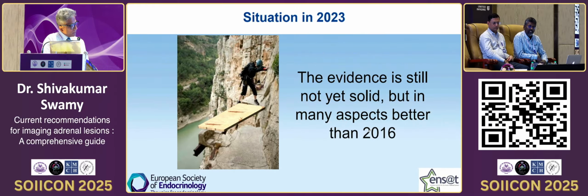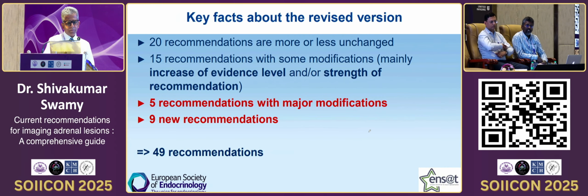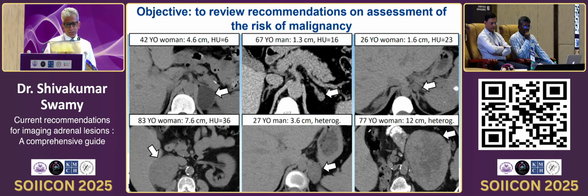In 2023 it's better because they have assessed so many scans. There are some key changes and new major recommendations, not on the radiology side particularly, but in general: how to go about it if it is secretory or non-secretory, whether we can stick to those HU values on imaging, and what the size criteria are. I'm not going through all the recommendations, but this is a scenario.